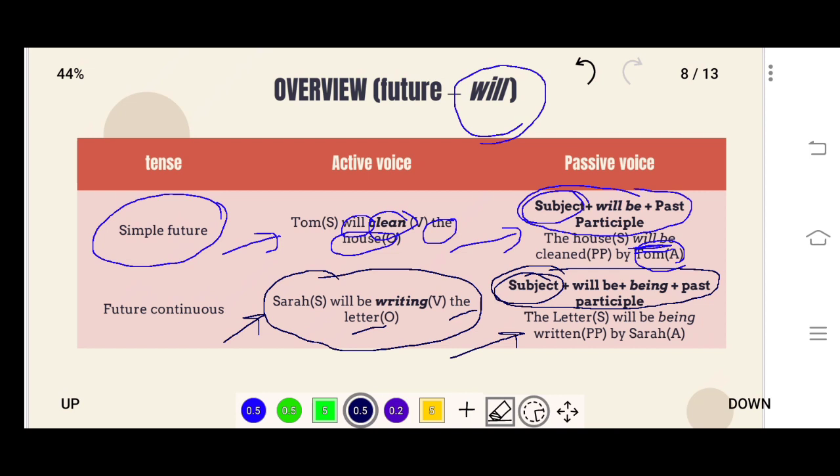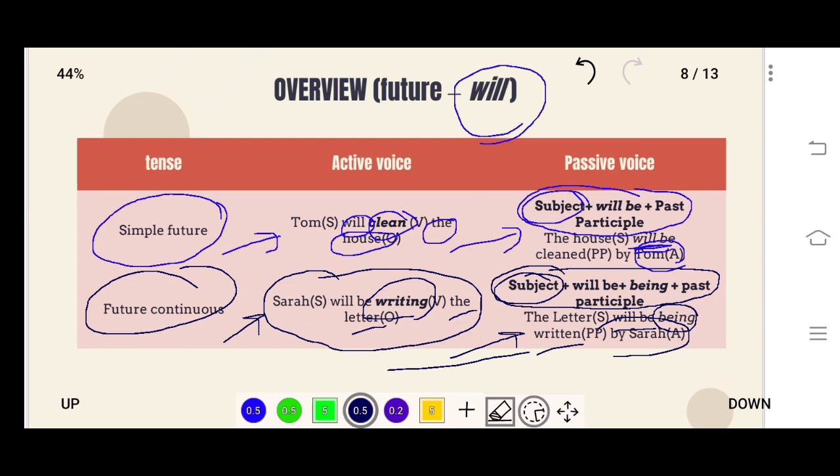So for the letter, we add will be, and then being, and then the past participle of writing, which is written, by the agent, which is Sarah. The letter will be being written by Sarah. That is for the future continuous tense.